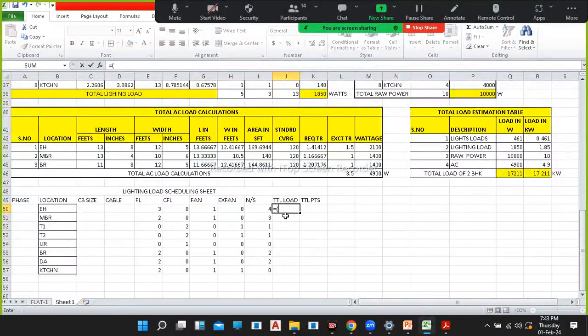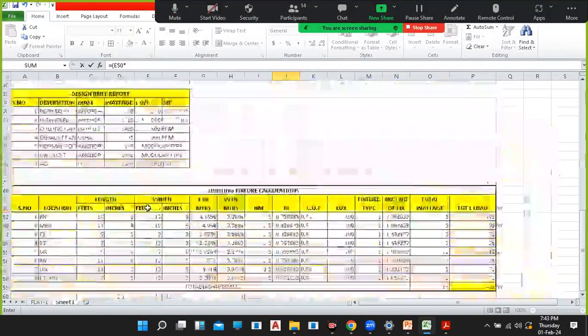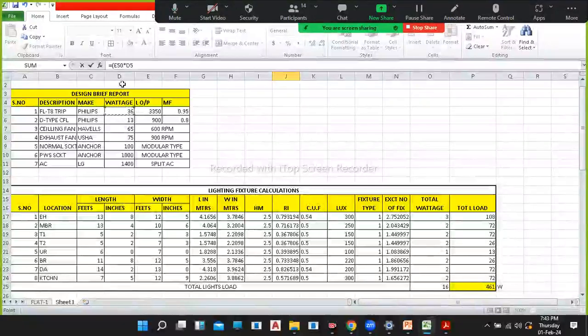Next, coming to the total load, I'll put a formula for the total combined. I need to put the wattages separately here also, so that you will get the total load of each and then you can do the load scheduling sheet.